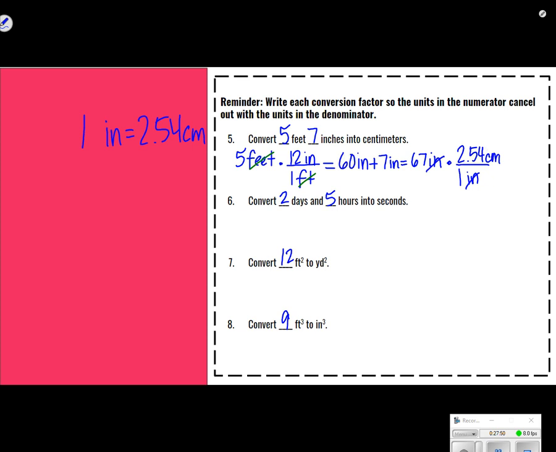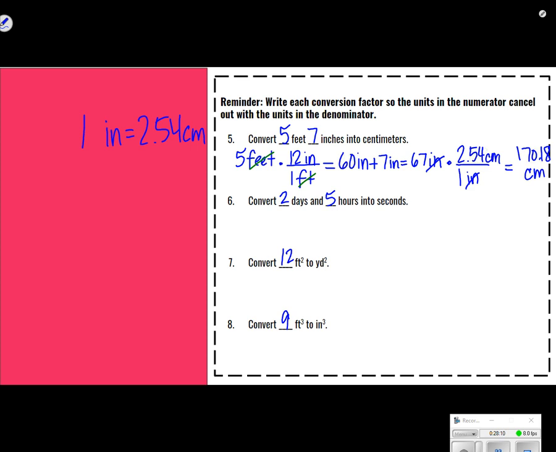Inches cancel. So I'm looking for the setup when we do these types of problems. And 67 times 2.54 is 170.18 centimeters. I'm also looking for units.